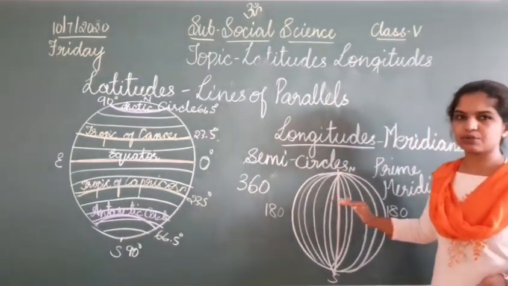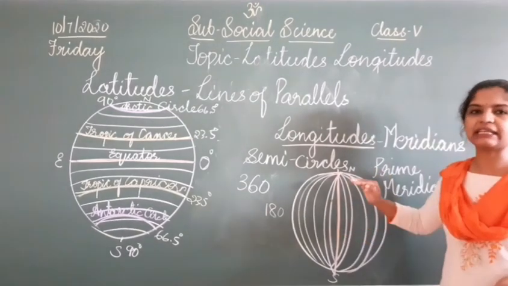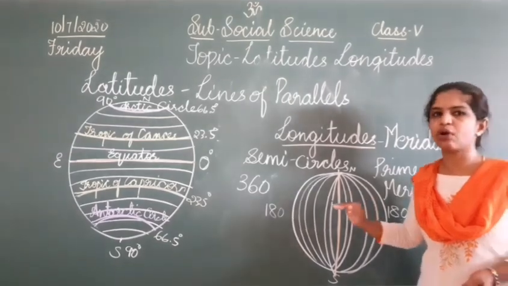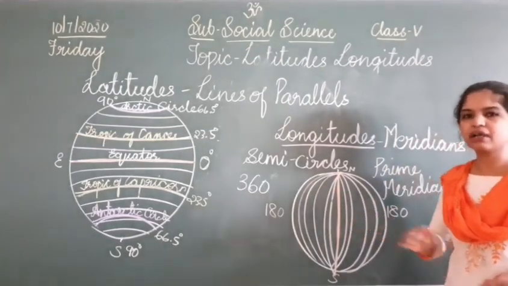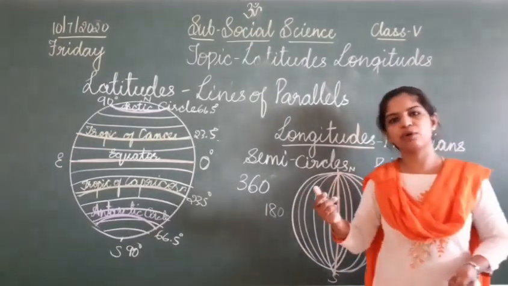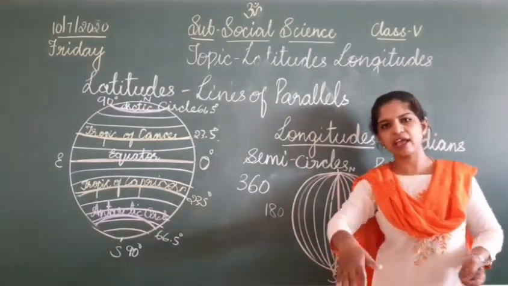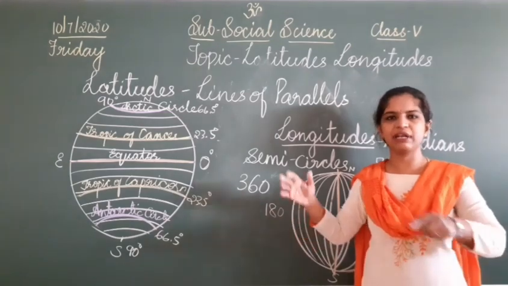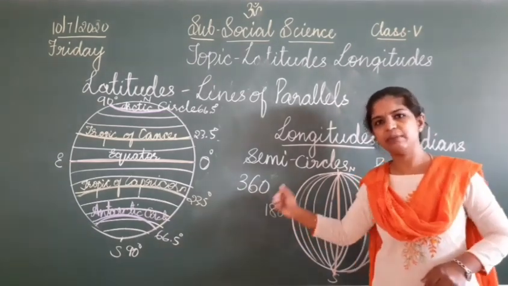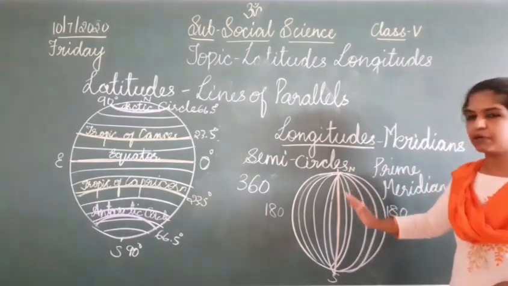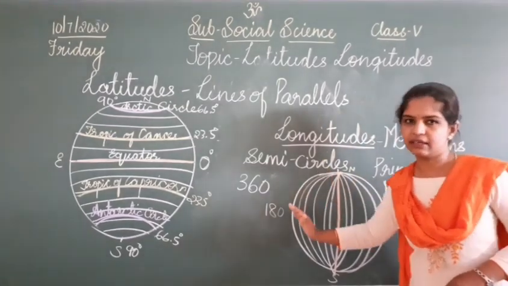Longitudes help us to decide the time. We know very well all the places on the earth do not have the same time because of the rotation of the earth. If one side of the earth is having day, obviously the other side will be dark. That is, it will be having night. So, with the help of longitudes, we are able to decide our time.